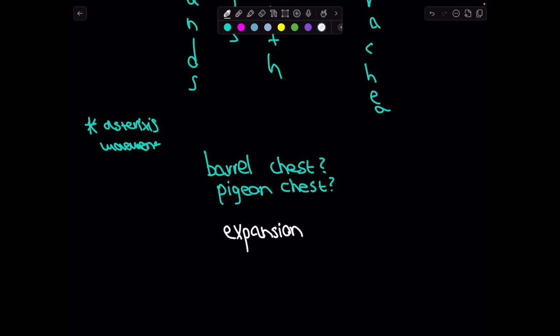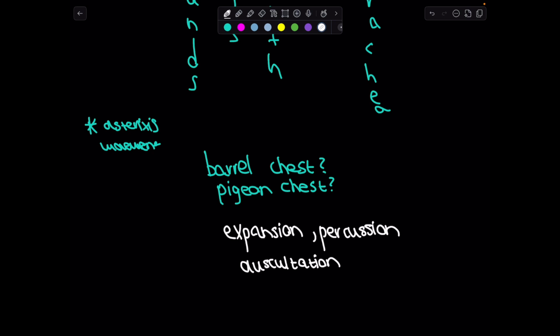To check for tracheal deviation, gently place your index and middle fingers in the jugular notch. That's the dip at the top of the sternum, just below the Adam's apple. Slide your fingers slightly upward and feel for the trachea, which should be midline. If it's shifted left or right, that's deviation. You'd say something like, the trachea appears midline.